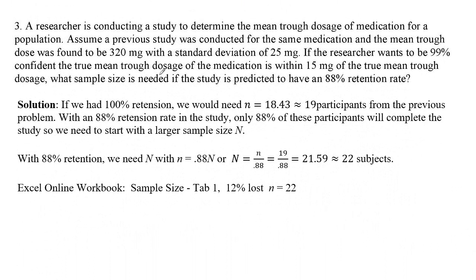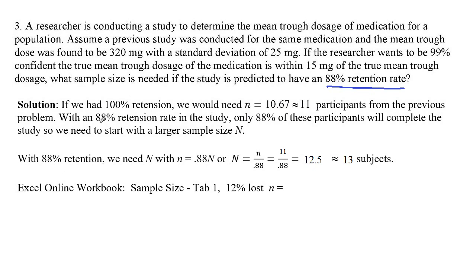Next question, again same background here, except one change. We've only got an 88% retention rate. Now, if we had a 100% retention rate, we would just need 11 participants like we did before.